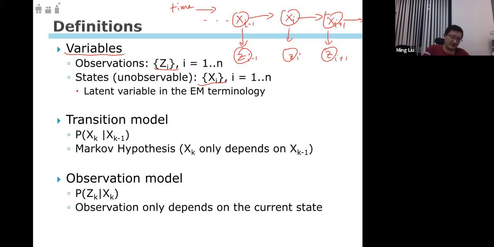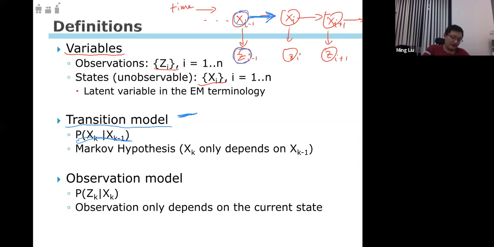The ingredients: first, you have some random variables. Secondly, you have the so-called transition model. What is a transition model? Transition model means based on the previous state, x_{k-1}, how can I infer the current state? So this is P of x_k given x_{k-1}. Nothing else than this blue arrow.